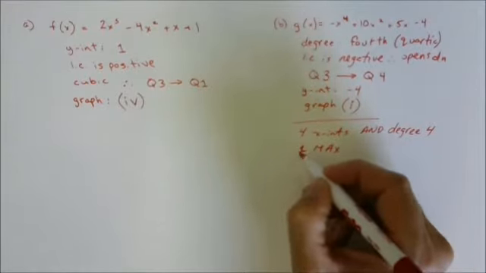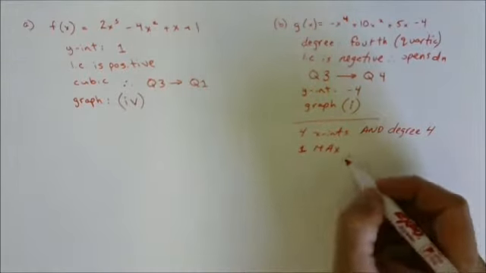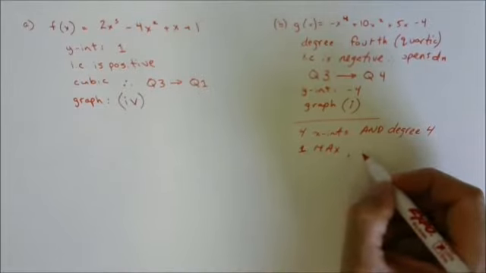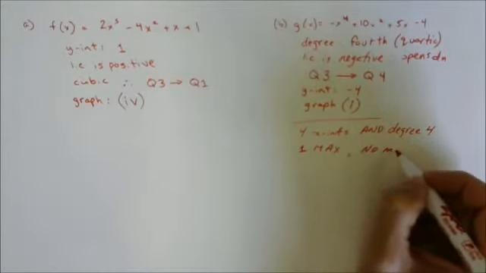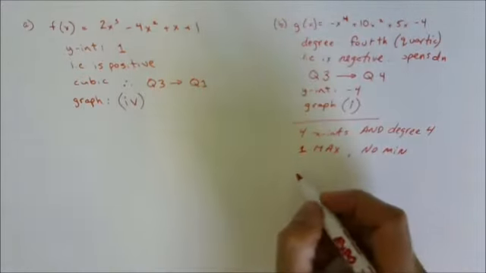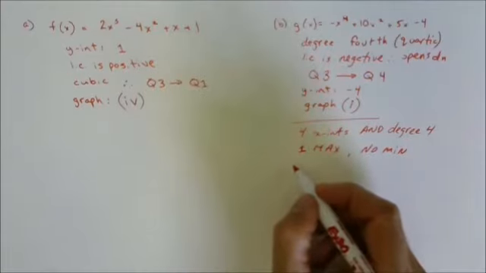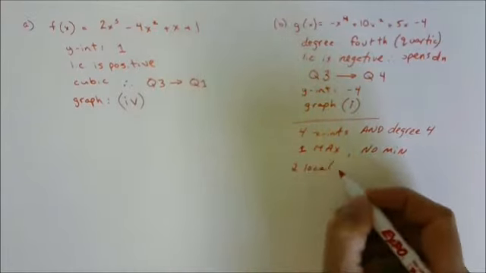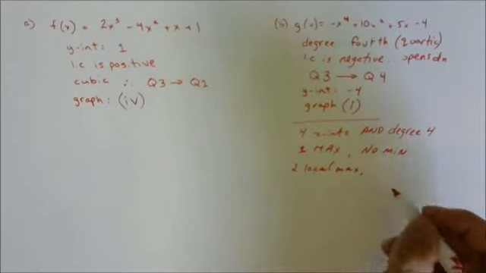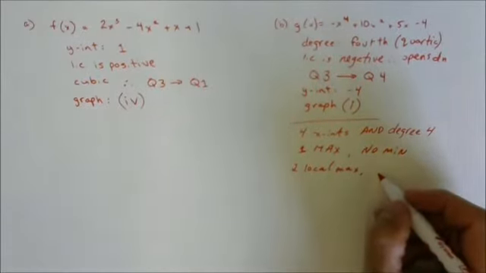There's 1 highest point on that function. Any mins? Like absolute mins? Or does it go all the way to a negative infinity? So no min. Okay, what about local max? 2 local max. Local mins? 1 local min.